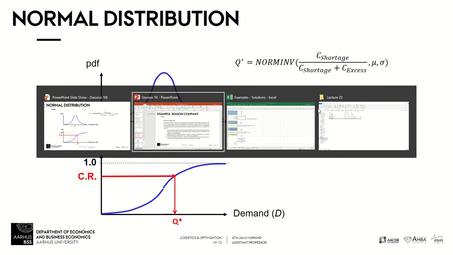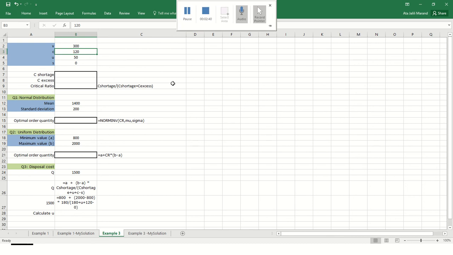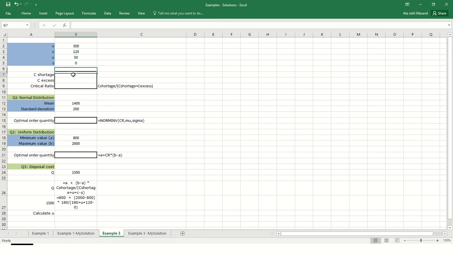Now let's go and see how we do the calculations. We have a selling price equal to 300, a purchase cost equal to 120, a disposal cost equal to 50, and the salvage value is equal to 0. We start with calculating shortage cost and excess cost.